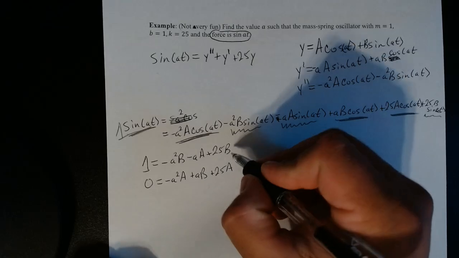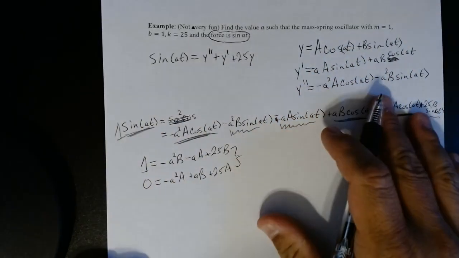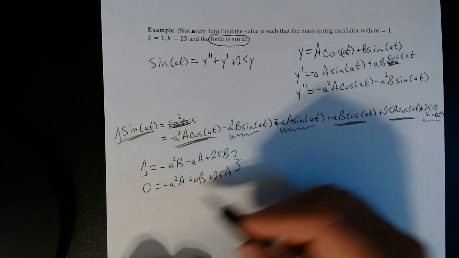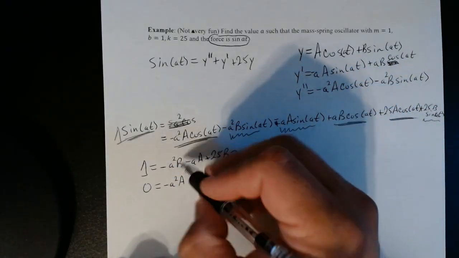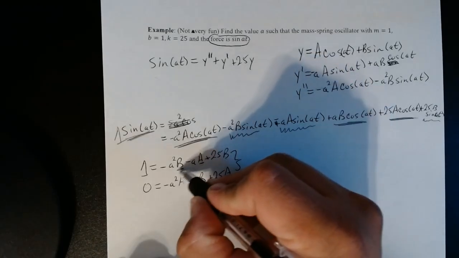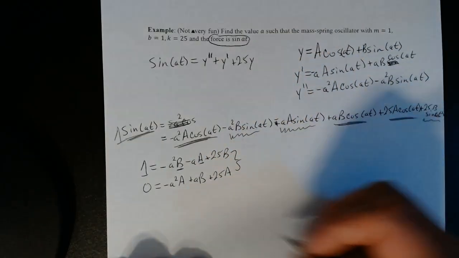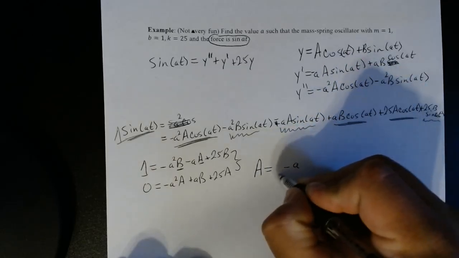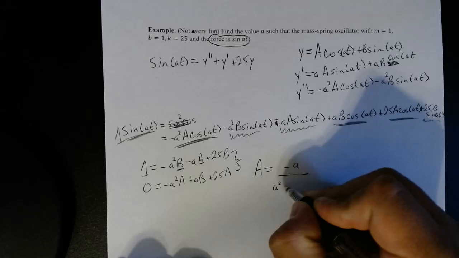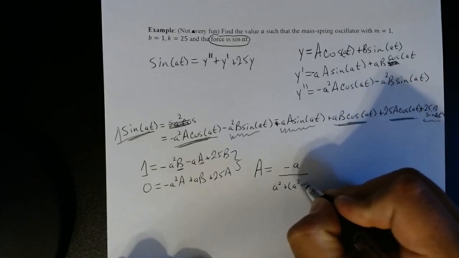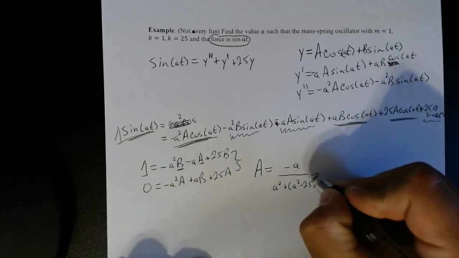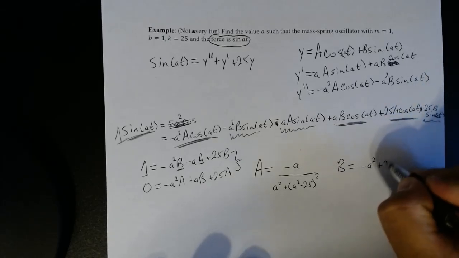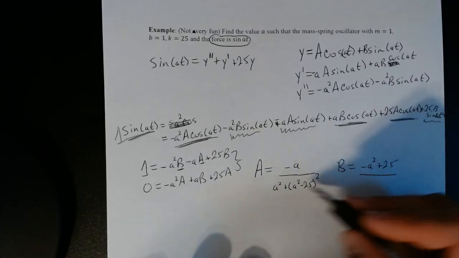Now, at this point, this is why it says not as fun an example. You have to use a lot of algebra and a lot of manipulation to solve this system of equations, basically solving for capital A and capital B respectively. After a lot of work, we eventually get capital A is equal to minus a over a squared plus a squared minus 25 squared, and B is equal to negative a squared plus 25 all over the same thing.